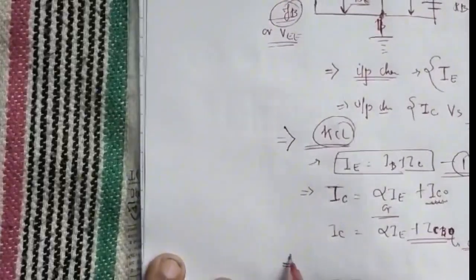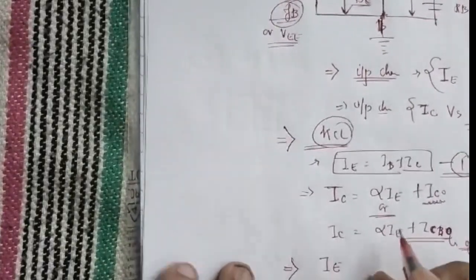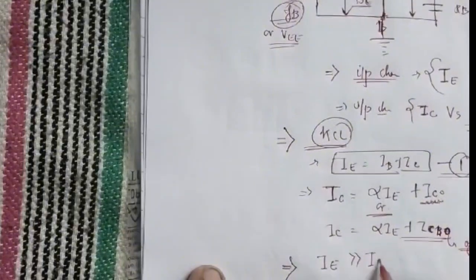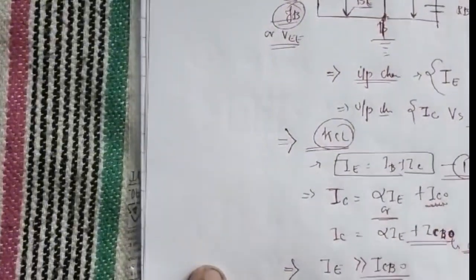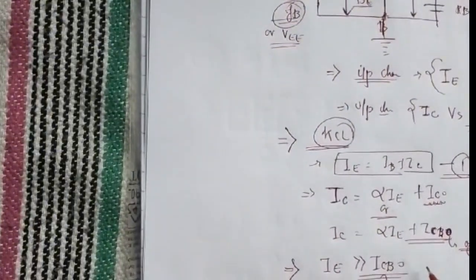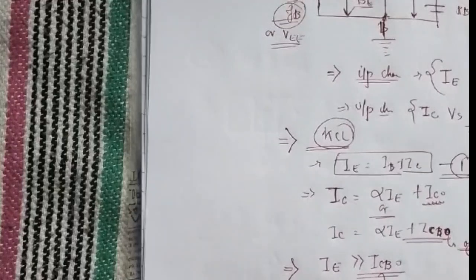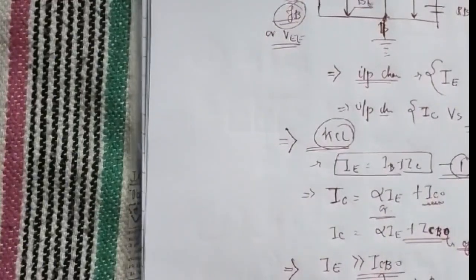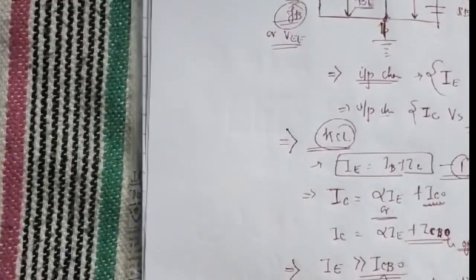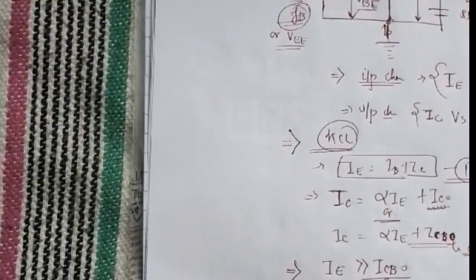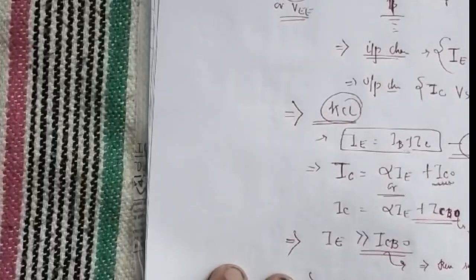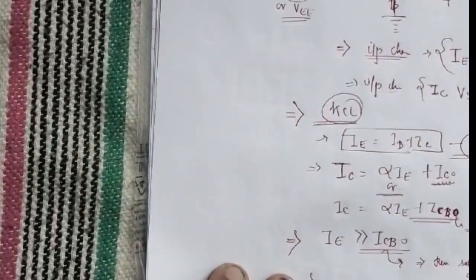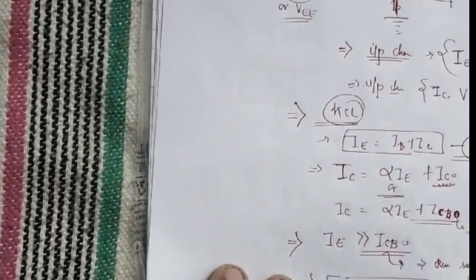Okay, here we can take an assumption that emitter current is very much greater than ICBO, and this ICBO is the reverse saturation current, which is due to the minority charge carrier. So the above equation can be written as IC is equal to alpha times IE. So this is very important.